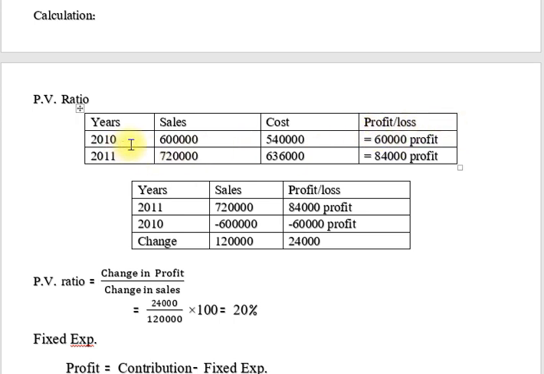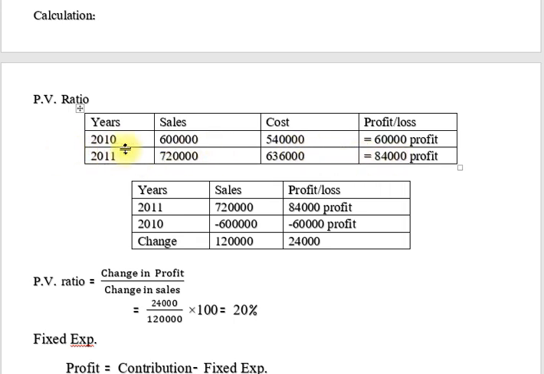In 2010 our sales is 6 lakhs and the cost is 5 lakhs 40,000. The difference between sales and cost is 60,000. That is called our profit, because our cost is 5 lakhs 40,000 and our sales is 6 lakhs, meaning our sales is more than our cost.